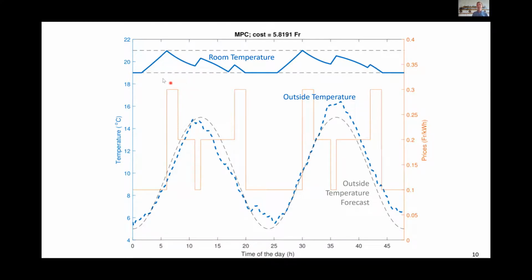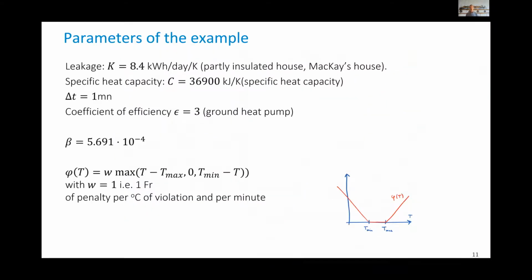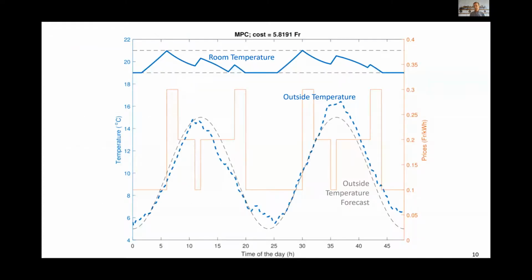So what the MPC has done, it has decided to heat the house before the high price period, let it go down until it reaches a period here where prices are again very low. So it will heat again, let it drop, and so on. So this is what the MPC will do. And it is in fact providing a response of the house to the desires of the grid operator.